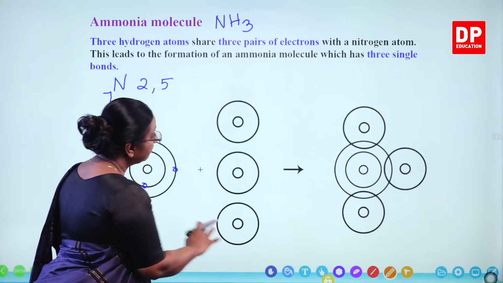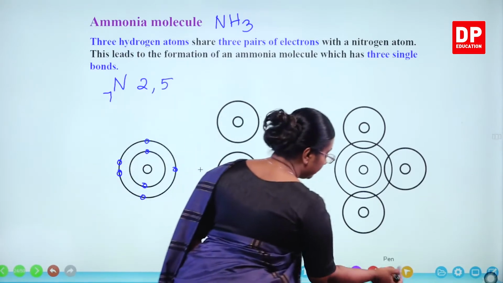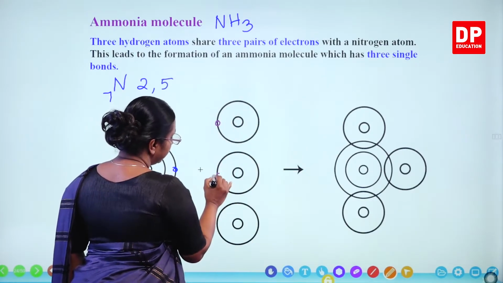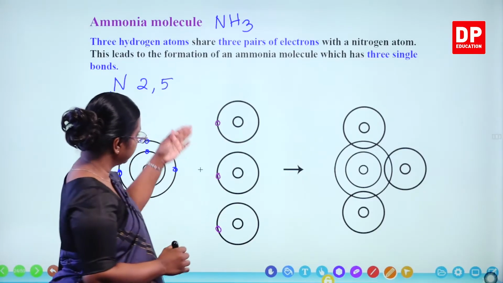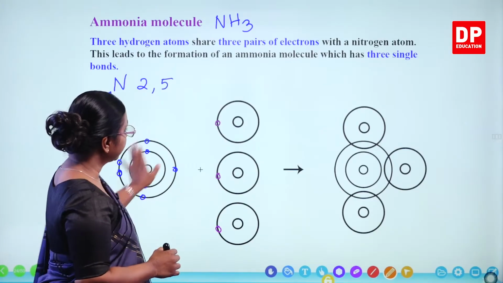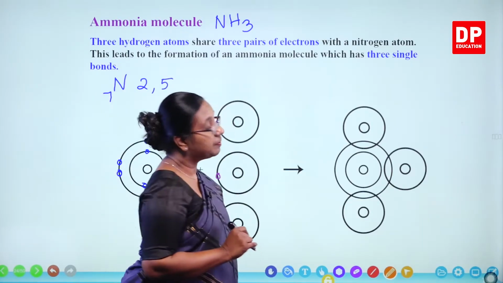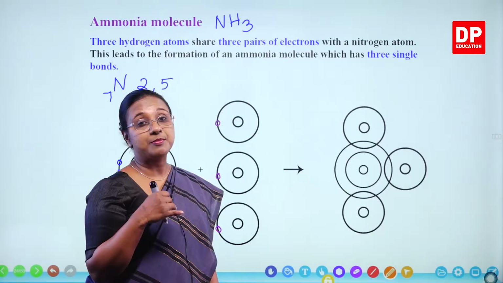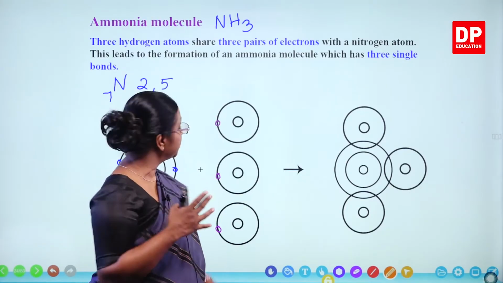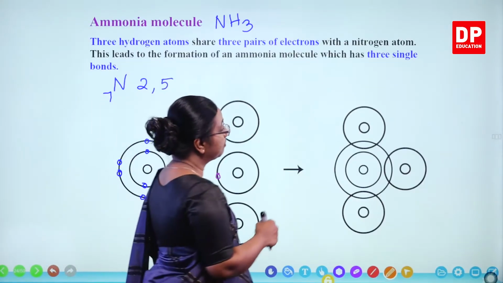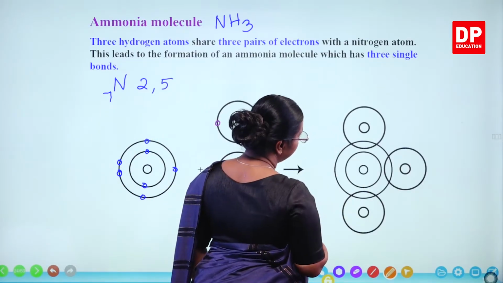Then we have 3 hydrogen atoms there. So when you have the electrons, hydrogen has only 1, so it's easy to fill it up. 1 nitrogen with 3 hydrogen atoms. When the molecule of ammonia forms, each hydrogen combines with the nitrogen forming 3 bonds. So here you can see the 3 bonds.